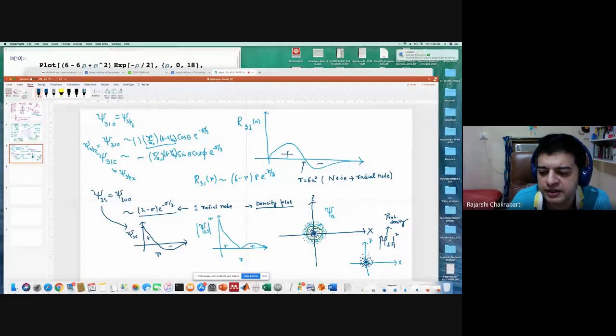If I plot this it will be like this, but again is there a node or no node? There is a node kind of thing at this point, where the density becomes 0, psi star psi becomes 0, but then again it takes some value. Maybe I'll also use a different color.